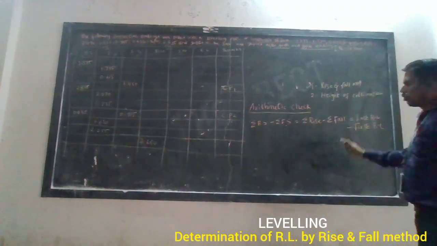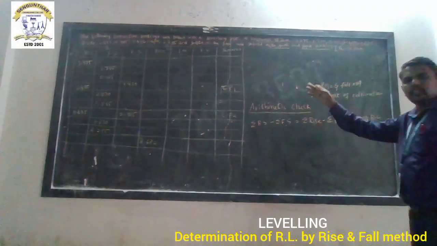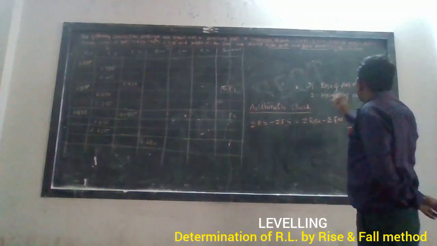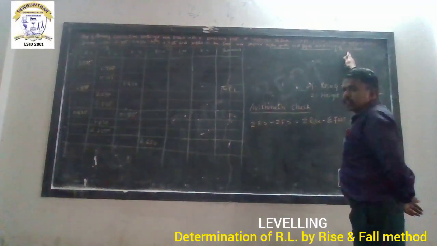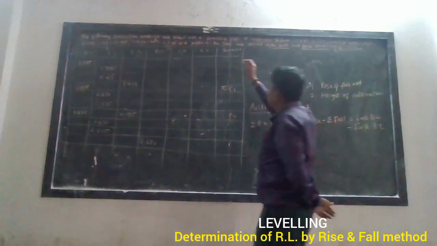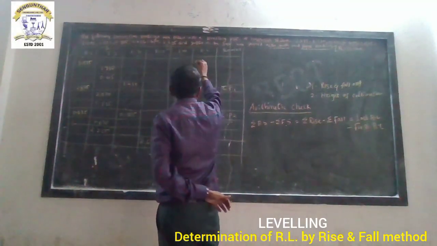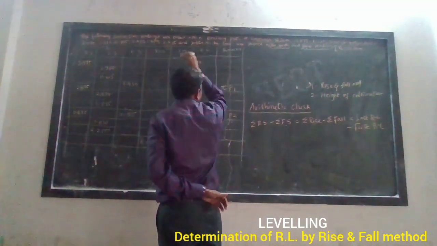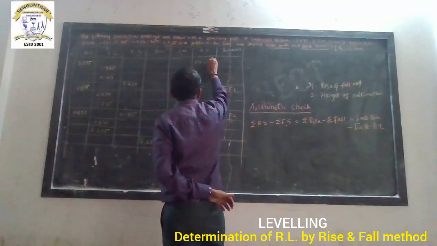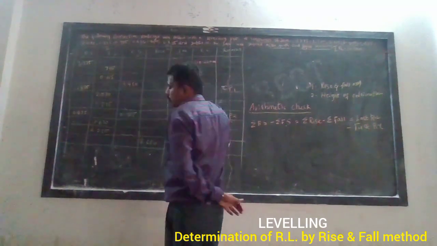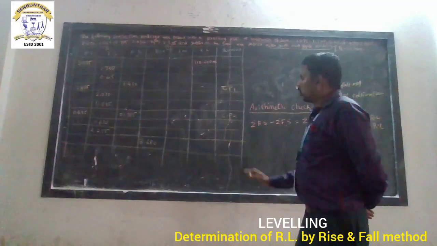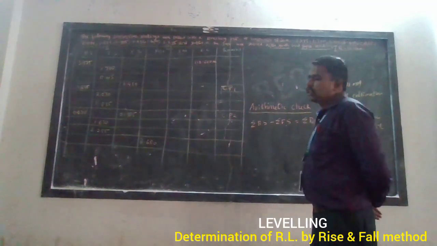So this is the formula to check the results. After that, the reduced level which is given in the problem I have also written here. The RL of the first point is 110.200. Now I enter the readings in the problem.